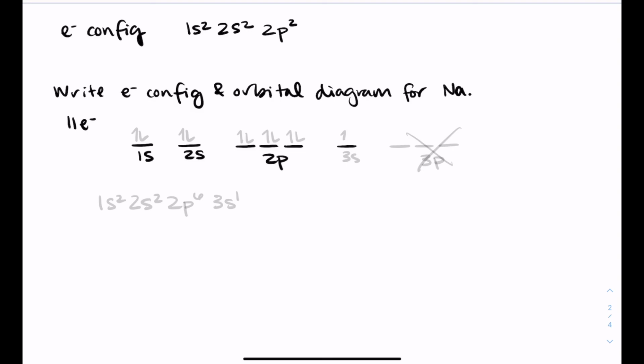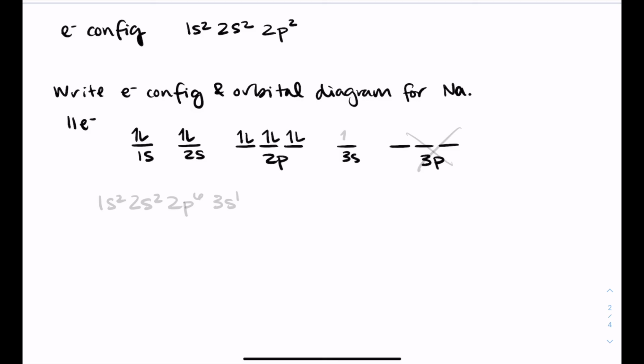Since lowest energy is on the left, I'm now going to fill from left to right. So still lowest energy to highest energy, I start by putting 2 electrons in my 1s, 2 electrons in my 2s. I have at least 4. When I fill these in, I'm going to go unpaired, unpaired, unpaired, and then go back and pair my electrons.